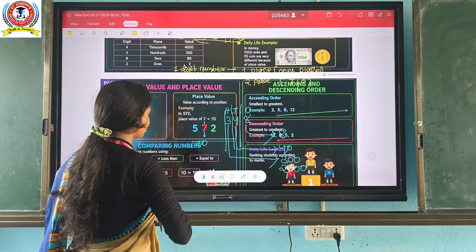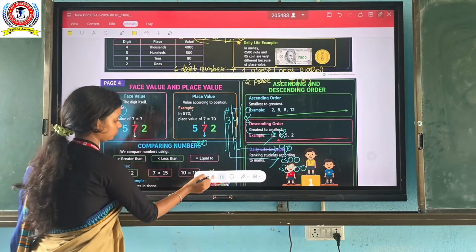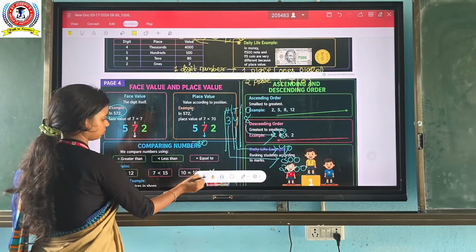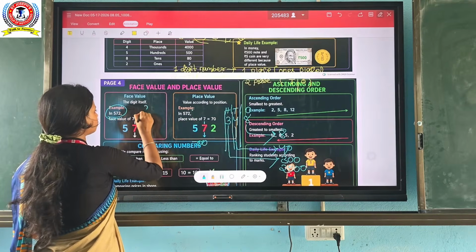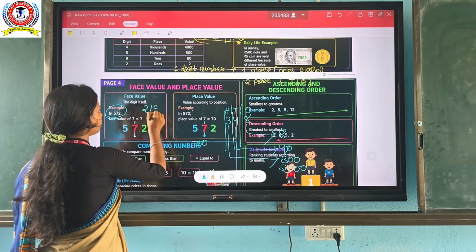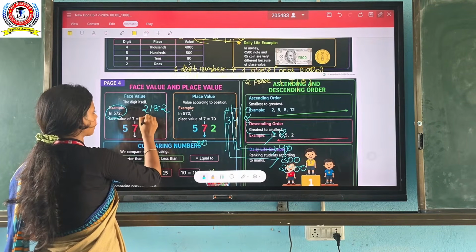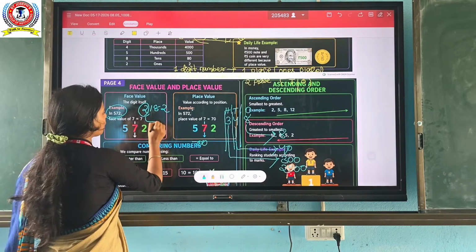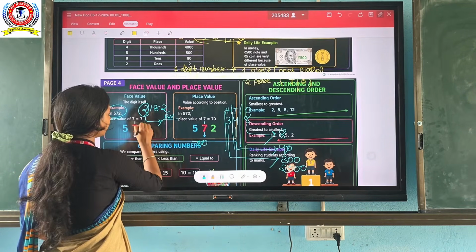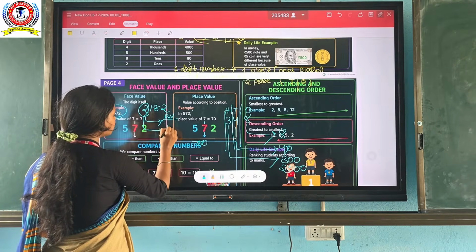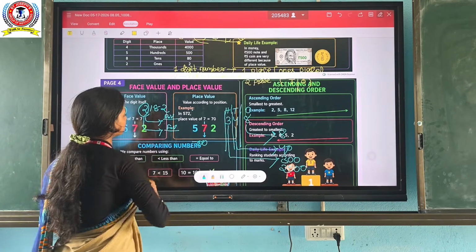So here is a question for you. 2182. In this number, what is the place value of 2 and what is the face value of 2? Solve this.